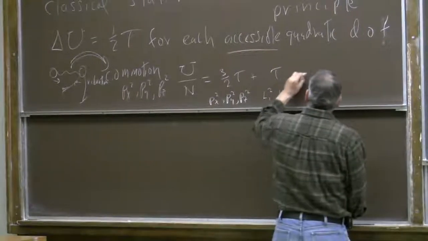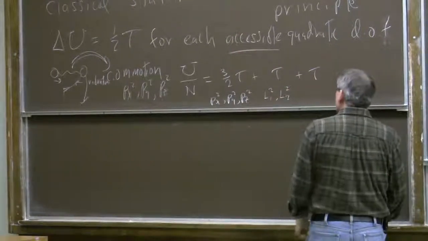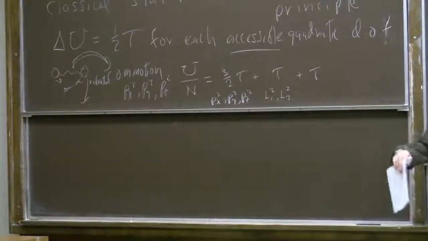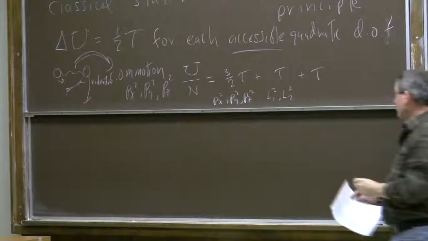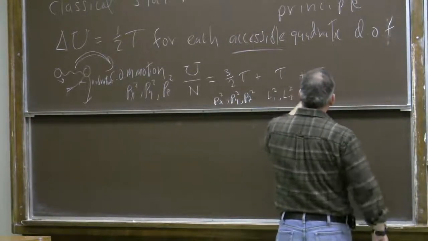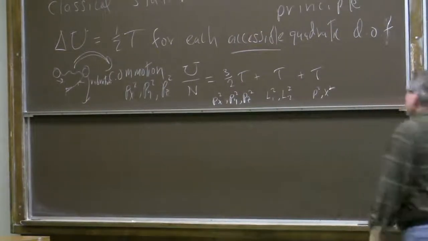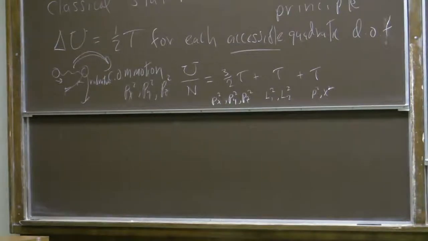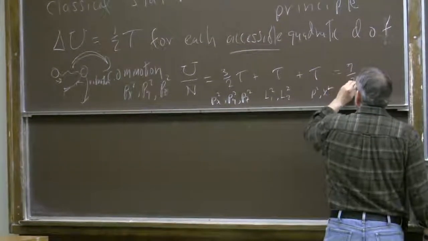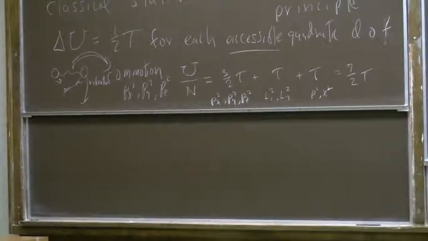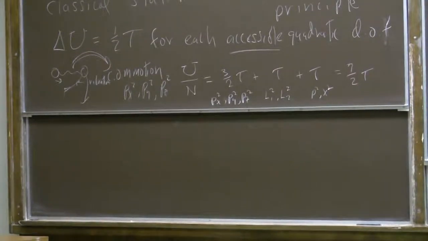And then there's another tau associated with vibration, because now we have a p squared and an x squared, since there's a restoring force for the vibrational degree of freedom. So p squared and x squared for vibration along the axis. So if everything's accessible, we have 7/2 tau for the energy per particle in the case of a diatomic molecule.